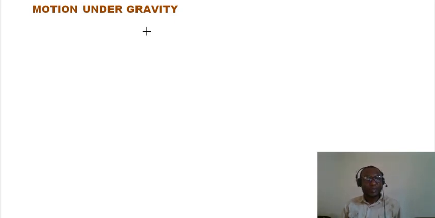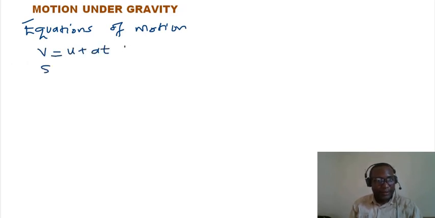So in this video, we are going to combine the two, where the body is projected upwards and where the body is projected downwards. So the equations of motion, we can recap them here, but we derived them, and I'm going to link the video here in the cards. You can check on it. Equations of motion, we had that V, the velocity, is equal to U plus AT. The displacement is equal to UT plus half AT squared.